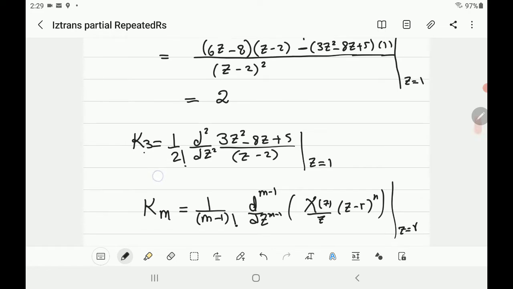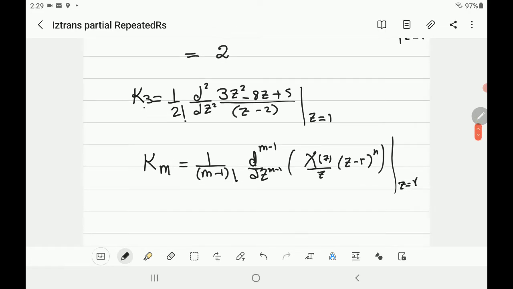So let's see what about if there is k4. We don't have it in this case, but if you had k4, you say 1 over 3 factorial, and then you differentiate the third differentiation of whatever you have here. You start from the beginning, right? And then you substitute at 1. But we don't have it, I'm just telling you how we can get this one, all right?